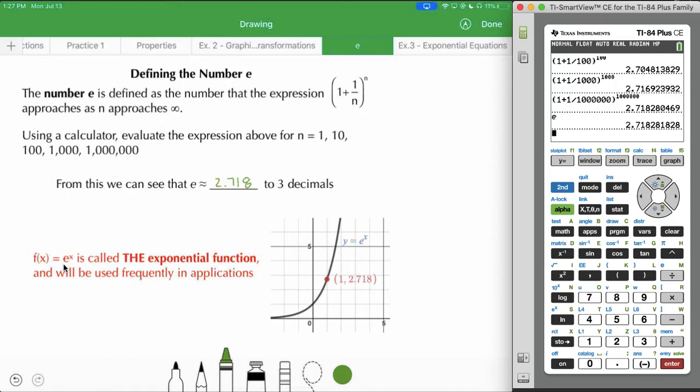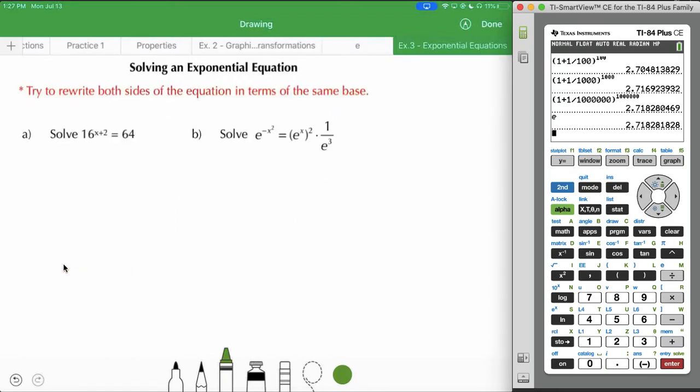All right. Now let's get into some examples of some exponential equations, one of which involves the value of e. Okay. When you're given an exponential equation to solve, you want to first try to solve it by rewriting both sides of the equation in terms of the same base.